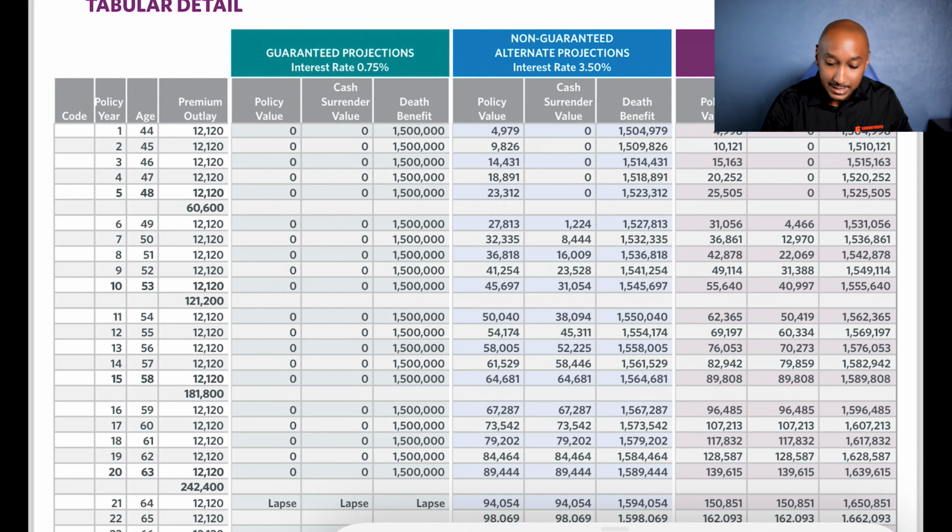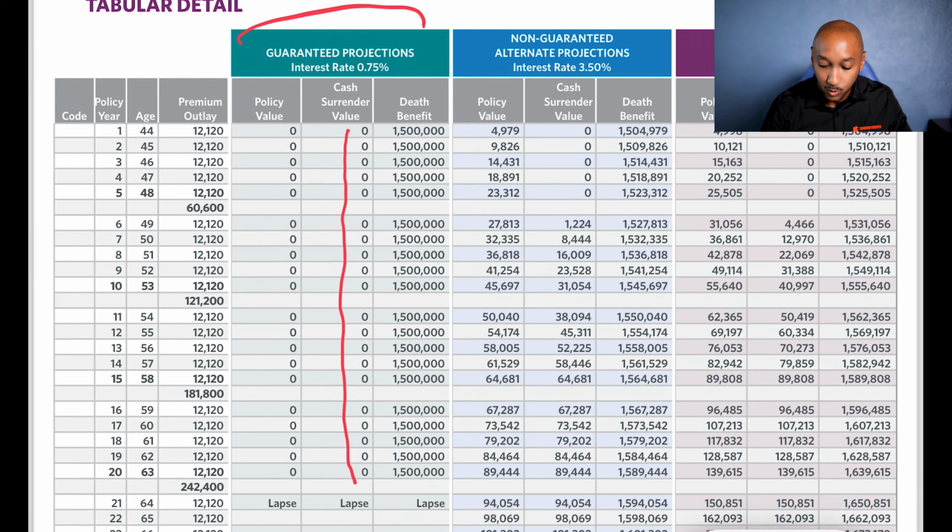So in this guarantee section here, it's showing there is never going to be any cash value build up whatsoever inside the policy. So it's 0 policy value, 0 surrender value, and it lapses here in year 21 at the age of 64 for this client, right? So not good. I expect it to lapse, but that's lapsing very, very soon.